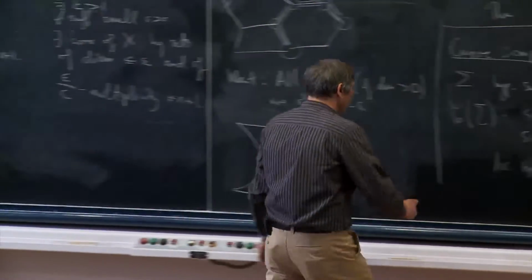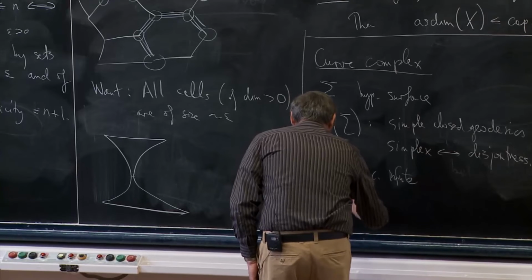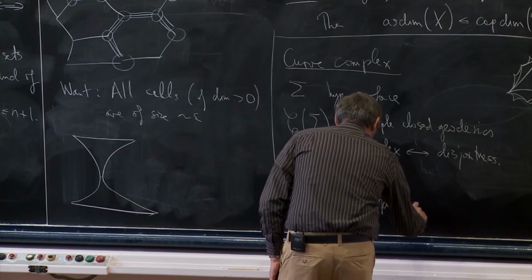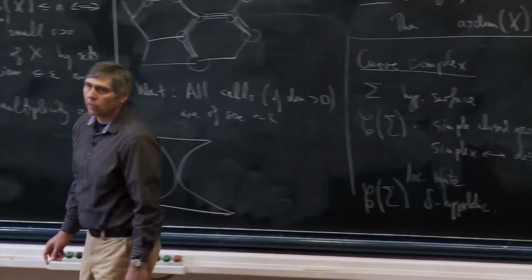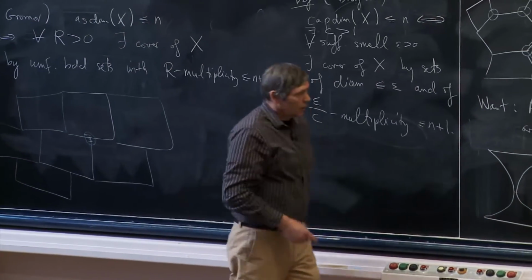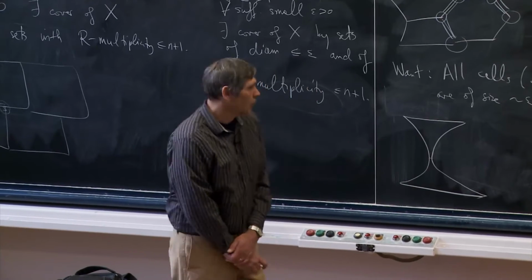So Masur and Minsky showed that C of sigma is delta hyperbolic. And in fact, now there are very simple proofs of this fact. Maybe the simplest one is due to Hensel, Przytycki, and Webb. Just a few pages.